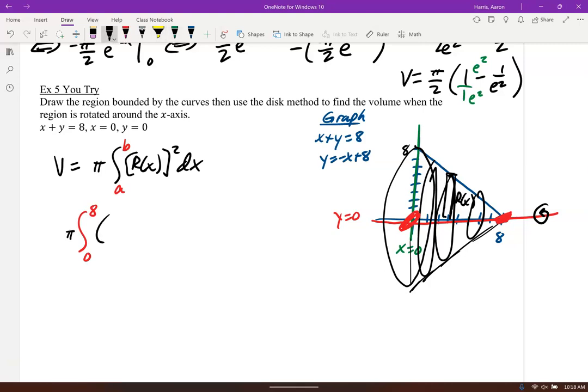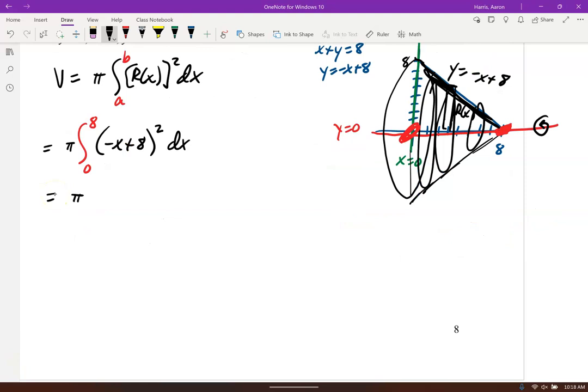And this is y equals negative x plus 8 right here, that's that height, minus 0 down to the red. That's that radius squared. We got negative x plus 8 times negative x plus 8, so we got x squared.